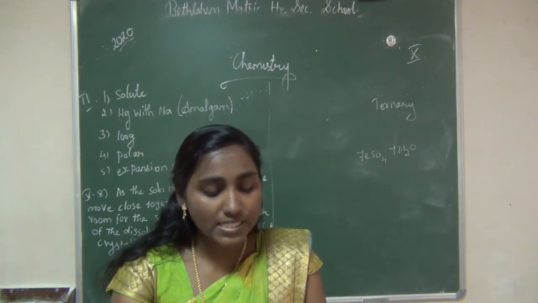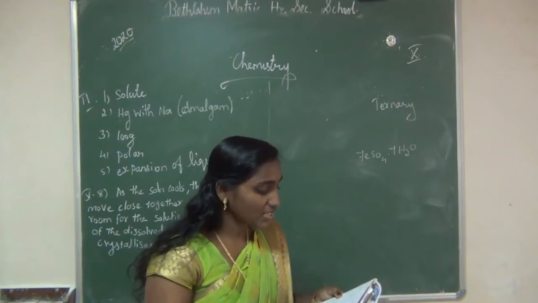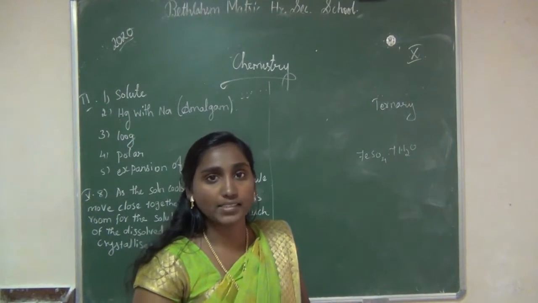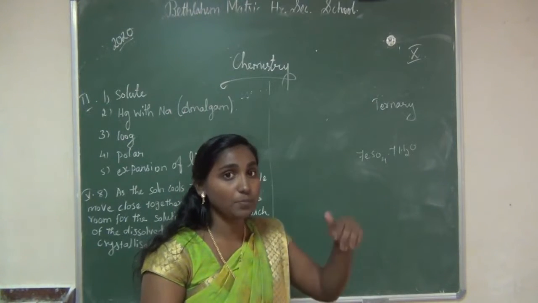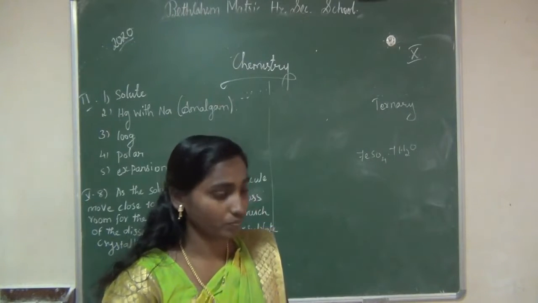Then fifth one, when silica gel is kept open, it absorbs moisture from the air because it is hygroscopic in nature. So hygroscopic example silica, right? So answer true only. Fifth one answer true.